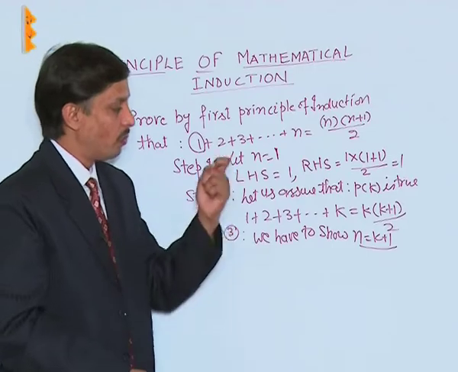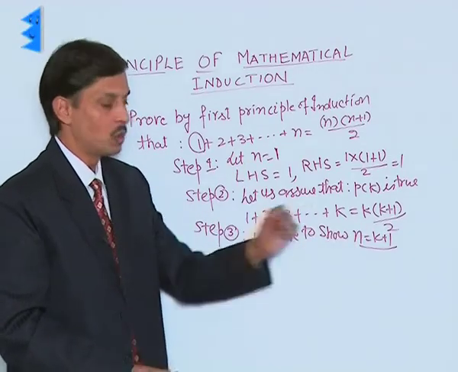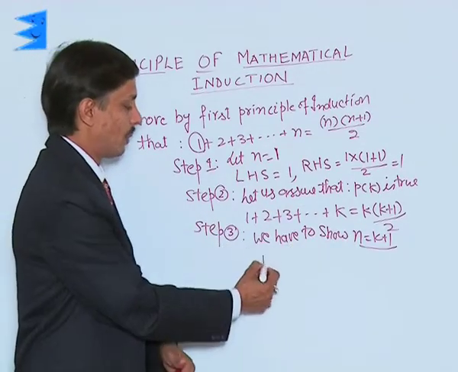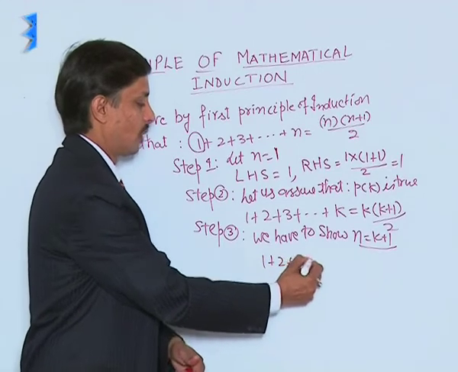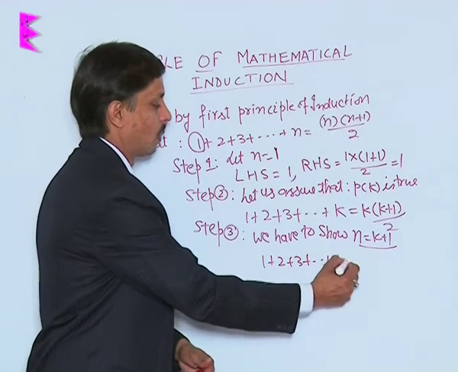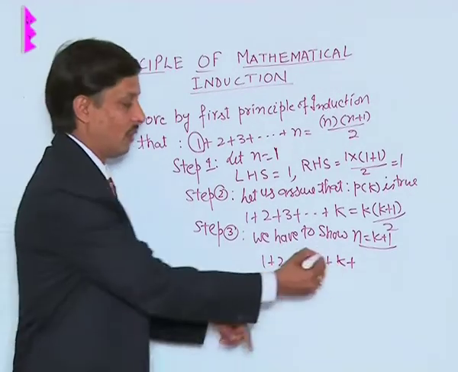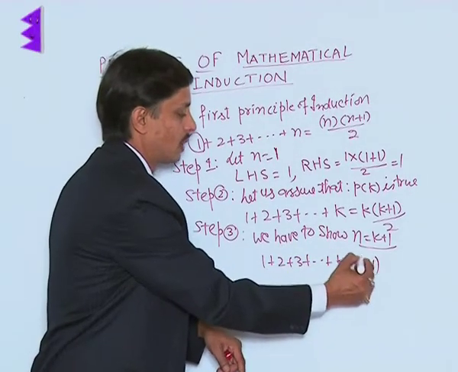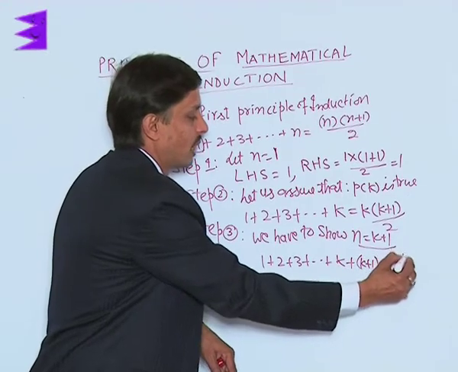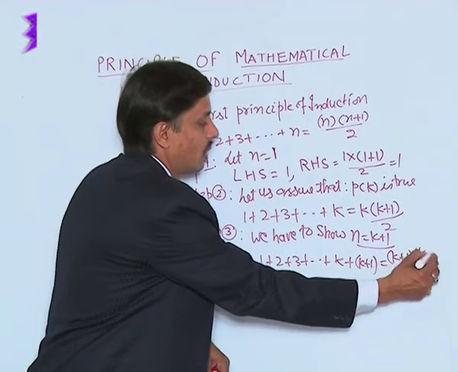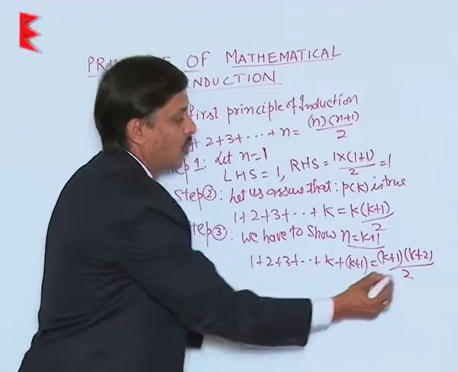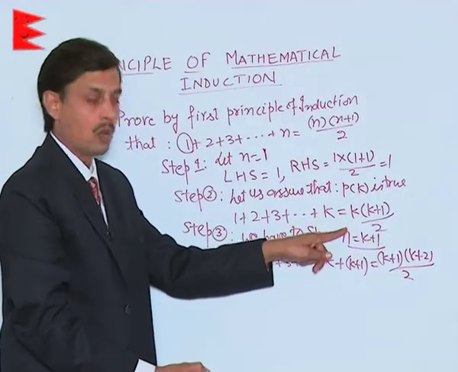In order to make this n is equal to k plus 1, what do we have to do? 1 plus 2 plus 3 plus dot dot dot plus k. This is the statement till the k step. Now I will take it as k plus 1, and this is equal to RHS, which will be k plus 1 into k plus 2 upon 2, by putting k is equal to 1.